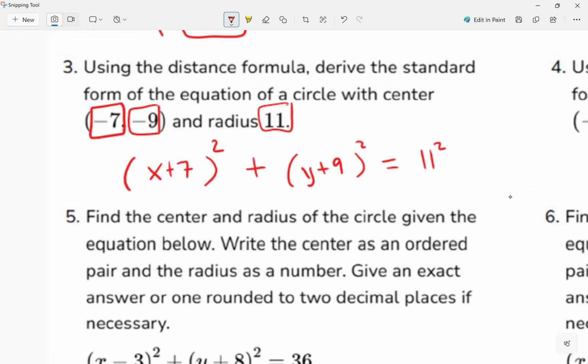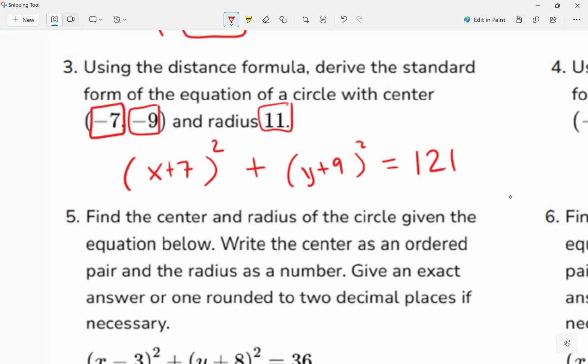So let me erase 11 squared, and let me call this 121. Again, that came from 11 squared. I have everything squared. Now that, ladies and gentlemen, is the equation of a circle that is centered at -7, -9, and the radius is 11.